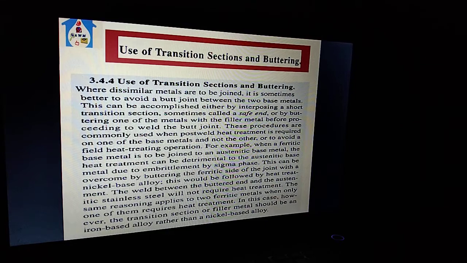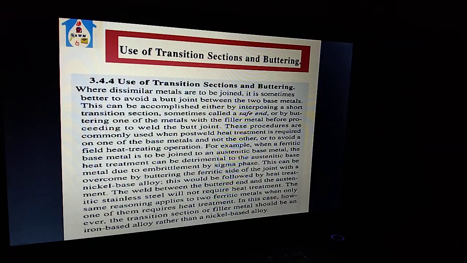These procedures are commonly used when post-weld heat treatment is required for one of the base metals and not the other, or to avoid a field heat treatment operation. For example, when a ferritic base metal is to be joined to an austenitic base metal, this heat treatment can be detrimental to the austenitic base metal due to embrittlement by sigma phase.